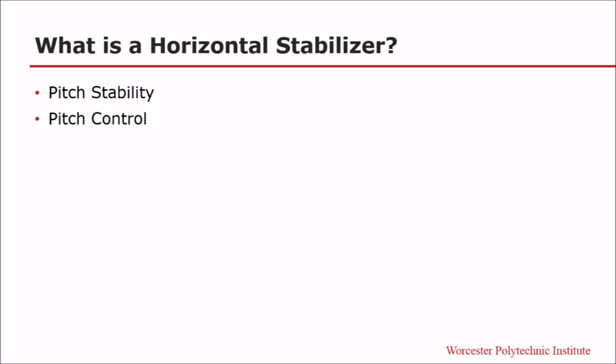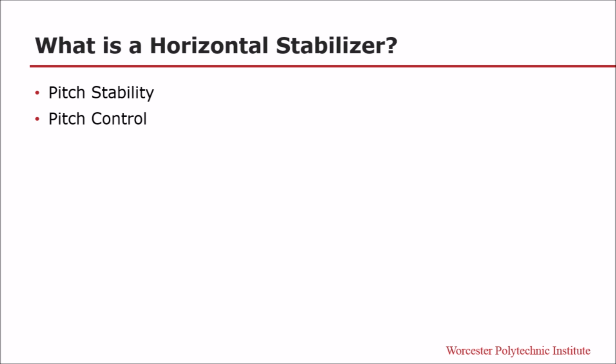The role of the horizontal stabilizers of an aircraft is to control the pitch of the aircraft. In the resting state, the horizontal stabilizers are supposed to provide both dynamic and static stability of the aircraft.